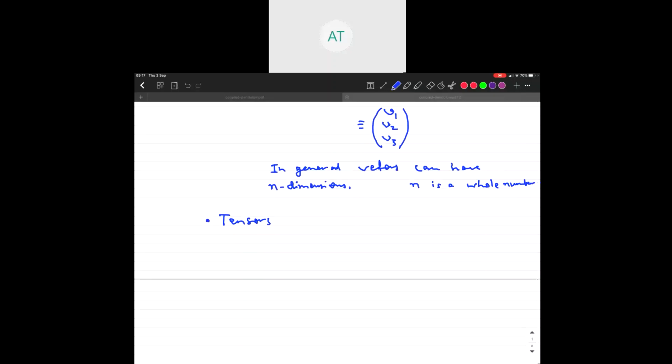Suppose, as an example, consider current flow in a semiconductor.